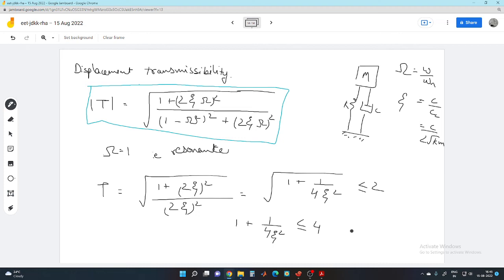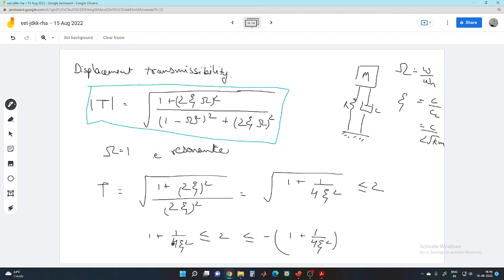This can be better written as, actually it should be written like, 1 plus 1 by 4 xi square is less than or equal to 2, and greater than or equal to minus of that, because it is a plus minus.